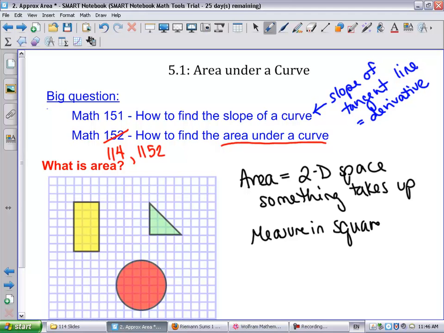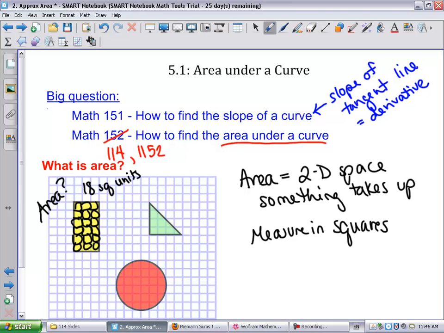If we look at these pictures over here, what is the area of this yellow rectangle? Well, how many squares are inside there? 1, 2, 3, 4, 5, 6, 7, 8, 9, 10, 11, 12, 13, 14, 15, 16, 17, 18. So this is 18 square units.